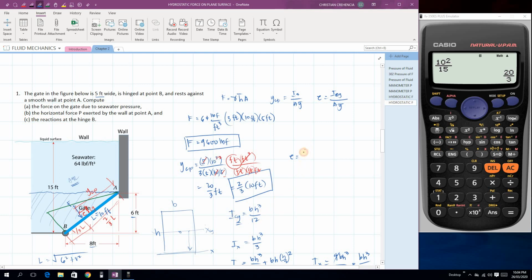So yung B natin is yung 5 feet by H natin will be yung 10 feet, then cube over 12. Then multiplied by area is 5 by 10 feet. Then yung Y bar natin, okay, so hanggang doon sa may centroid, which is kalahati ng 10, so that's 5 feet pa rin.